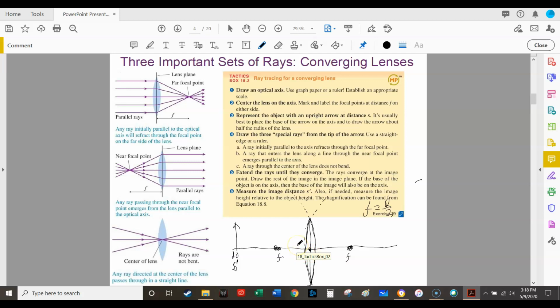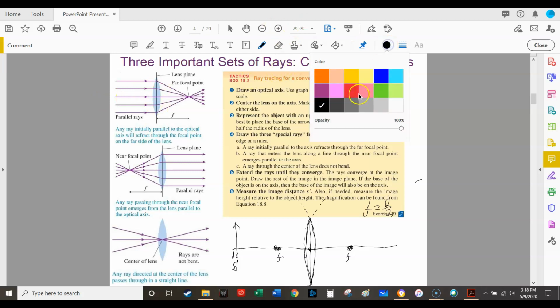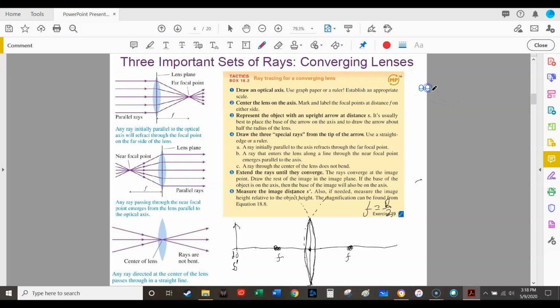Now I'm going to draw my arrows. A parallel light ray is also called a parallax light ray. I'm going to draw that first. It comes straight across, and then it goes down through the focal point, in a straight line.